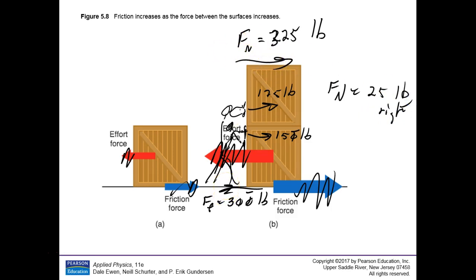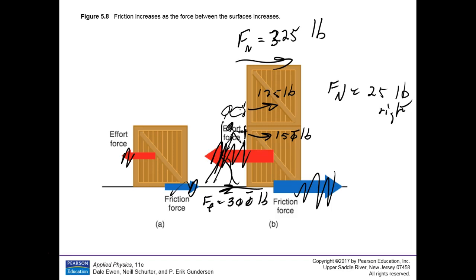Now, I want to point something out to you here. Remember all the talk about significant digits, okay? When you're adding and subtracting, you don't keep the same number of significant digits. Multiplying and dividing, you do. Here, you can't get more or less precise than a pound. So you don't put a zero at the end of that one and make it 25.0 pounds.